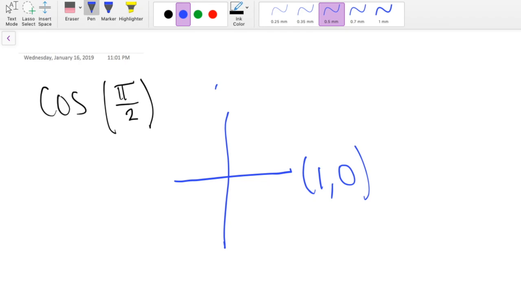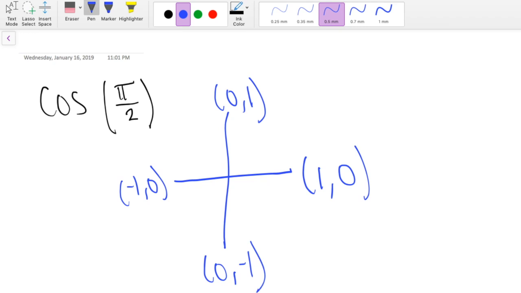Here we have (0, 1), (-1, 0), and (0, -1). Okay? Now, at these points, before I tell you what's at these points, keep in mind, when you're doing trigonometry, cosine is x, so x equals cosine, and sine is y.